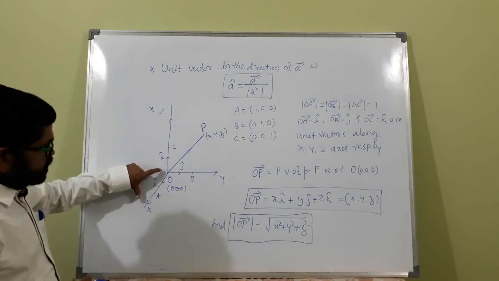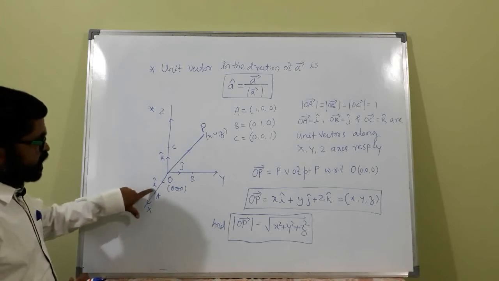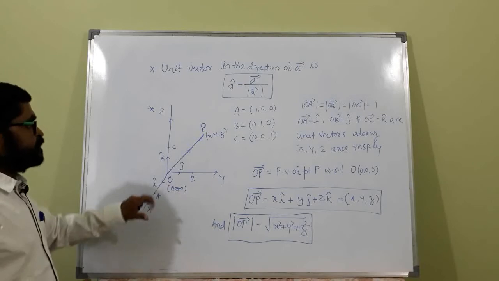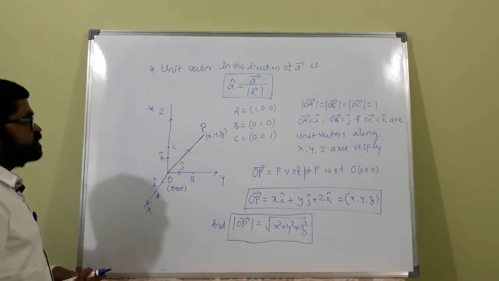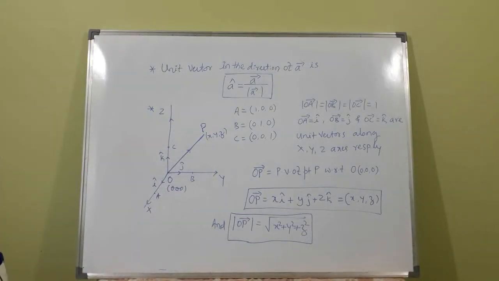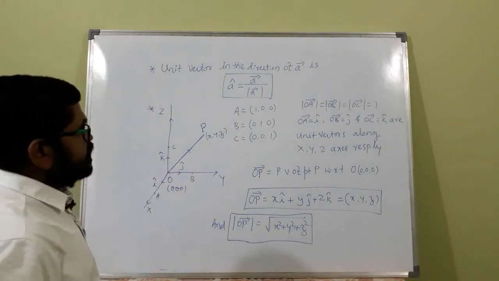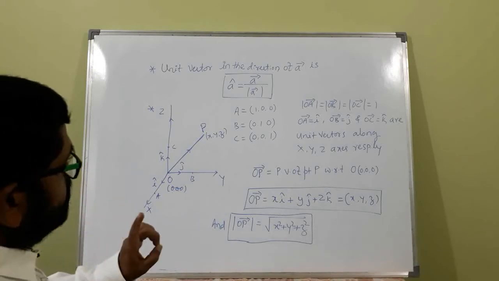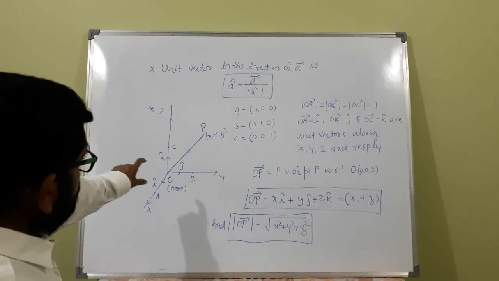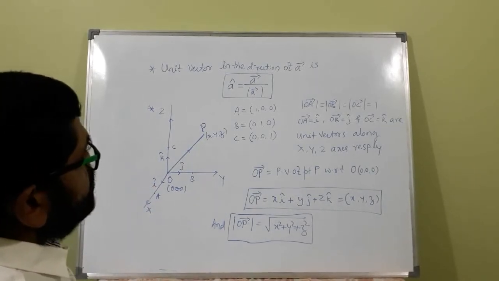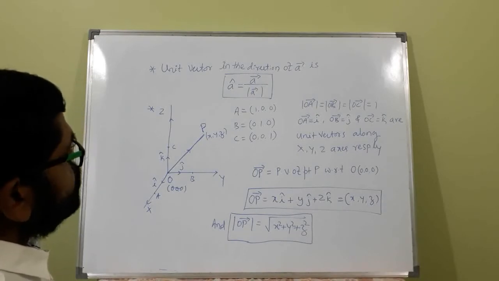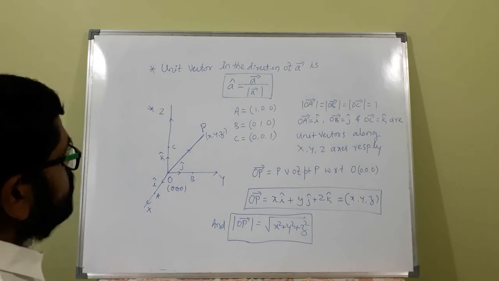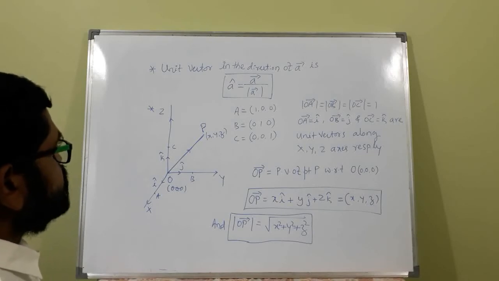The unit vector along the x-axis is i, along the y-axis is j, and along the z-axis is k. OA, OB and OC are each of the same magnitude, that is 1. OA is i cap, OB is j cap, OC is k cap, the unit vectors along the x, y, z axes respectively.